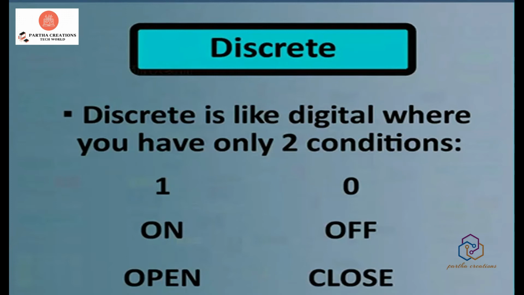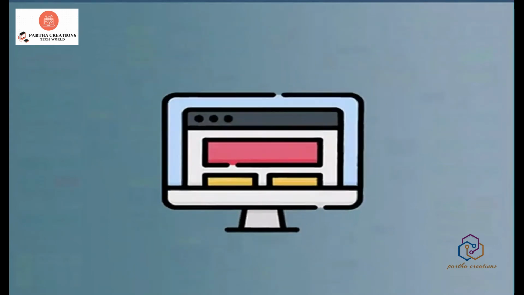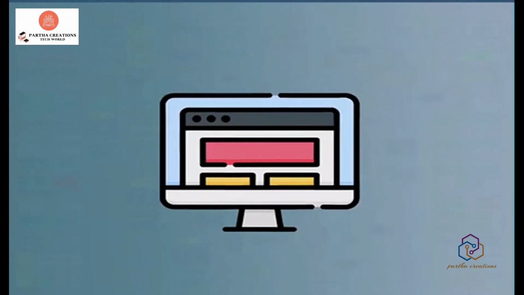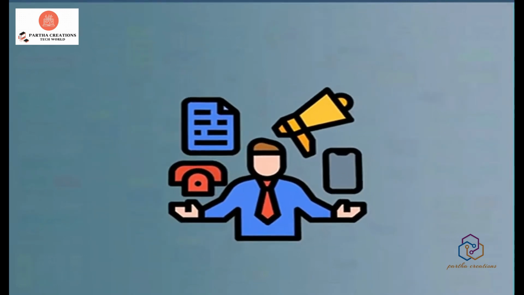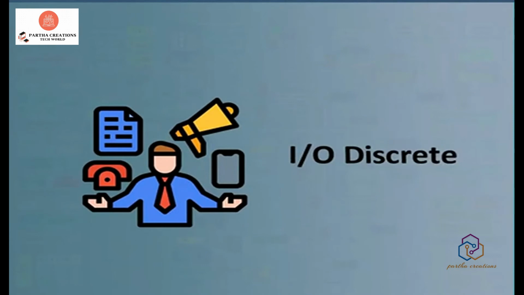Wherever such operations exist with just two states, like that of 0 or 1, on or off, open or close, in such cases, which tag will we define? The discrete one. Again, if we want to make it within the same application, the memory discrete, and if we want to communicate, then IO discrete.